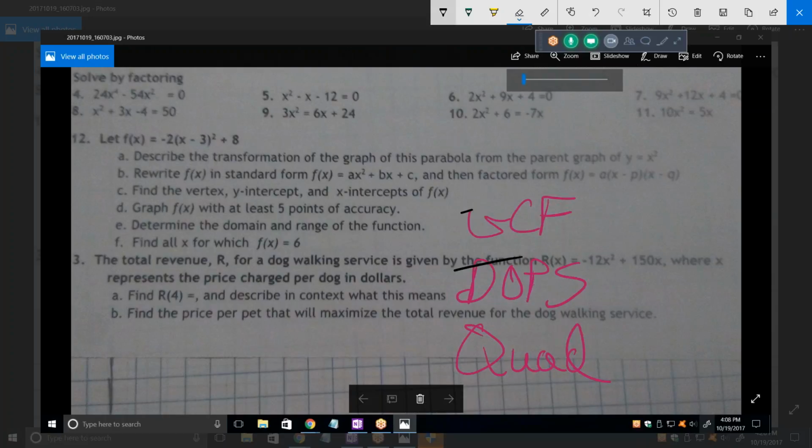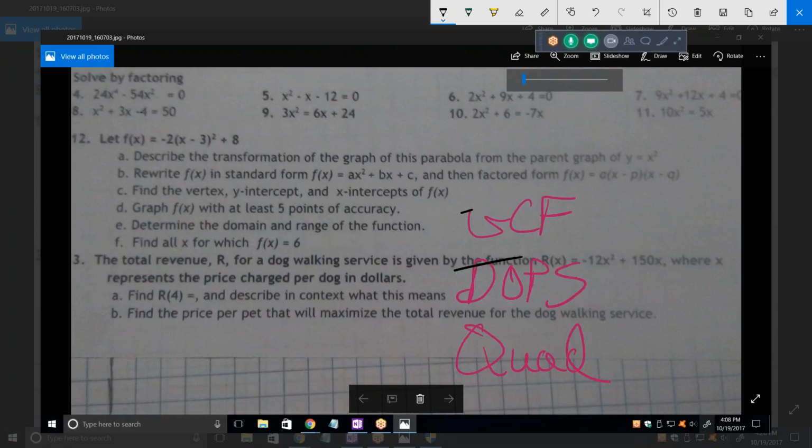Now, number 8. What do I need to do to that before I can figure out how to go forth? You need to put it into standard form, or at least equal to 0. I've got to move this 50 to the left side.